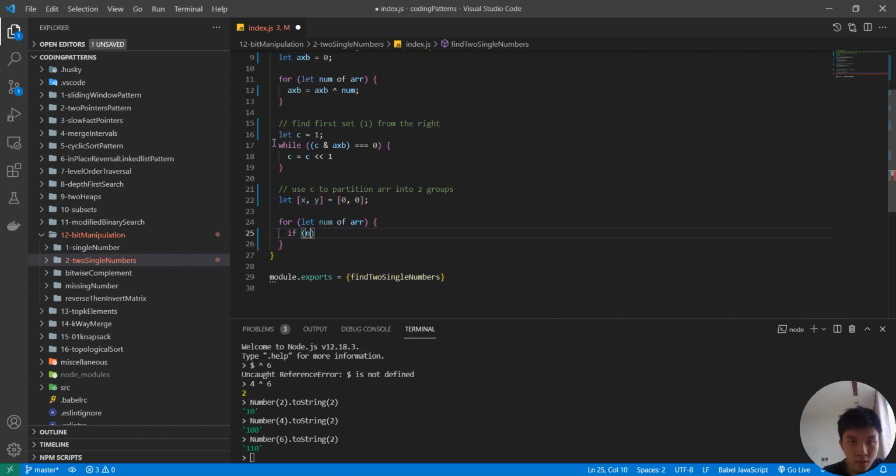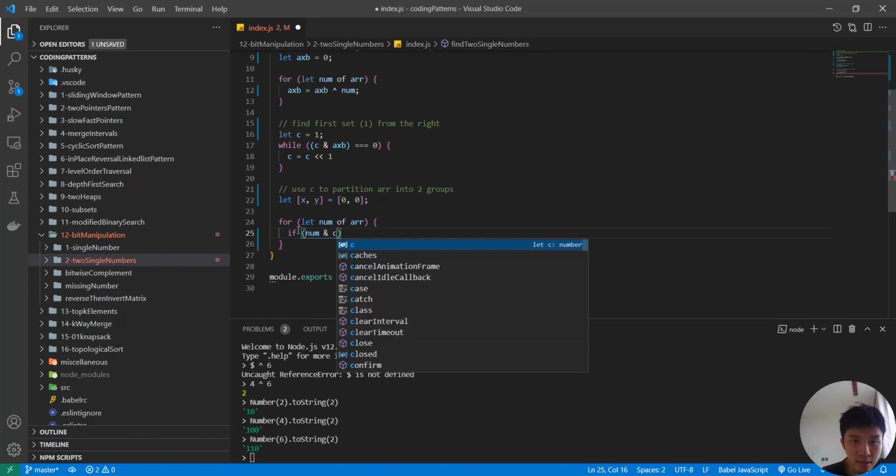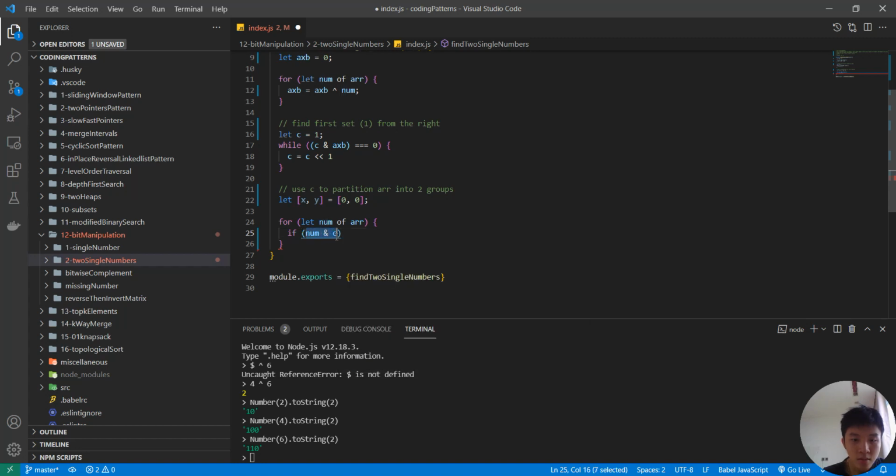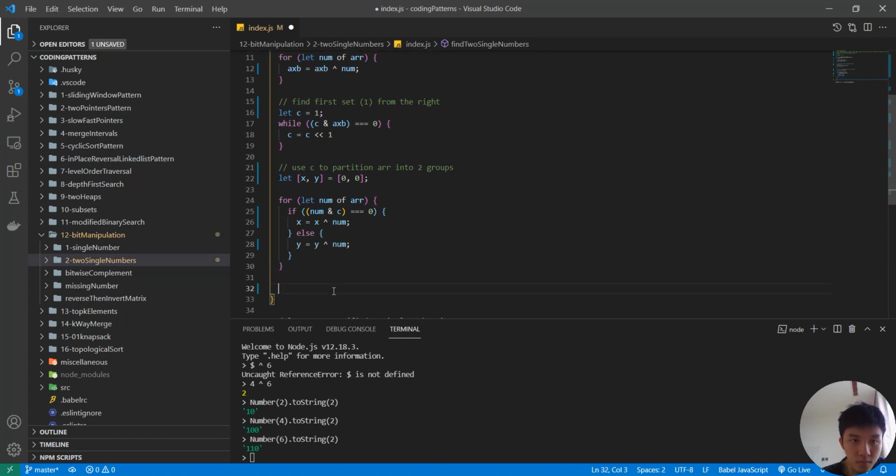If num AND c, in parentheses, equals 0, we want to XOR it into x. Else we XOR it into y. So at the end, return x and y.